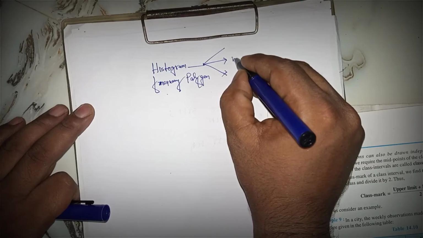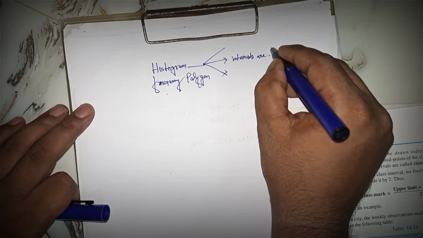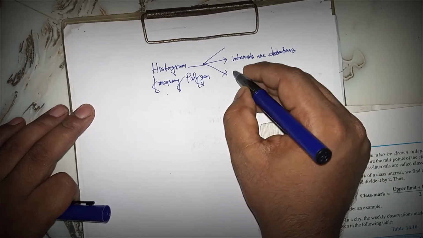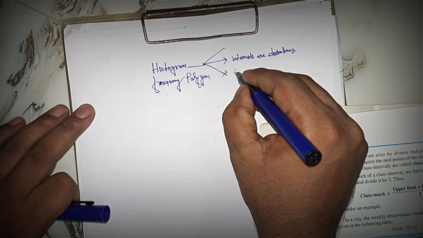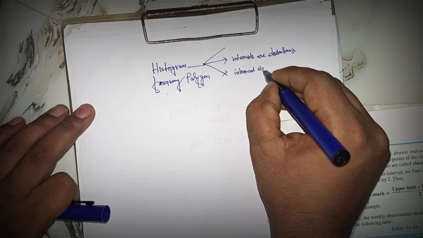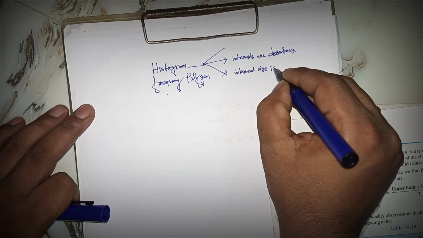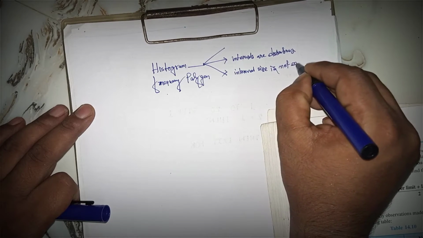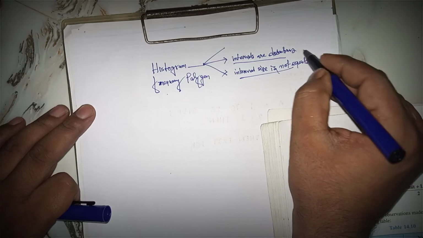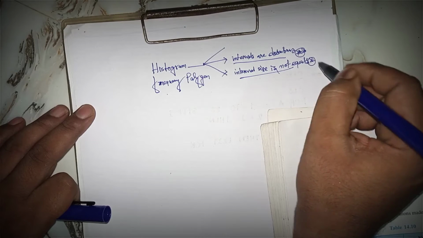One is when the intervals are discontinuous, and another is when the interval size is not uniform, not equal. When all interval sizes are not equal, and when the intervals are discontinuous, these two are the main things in histogram.